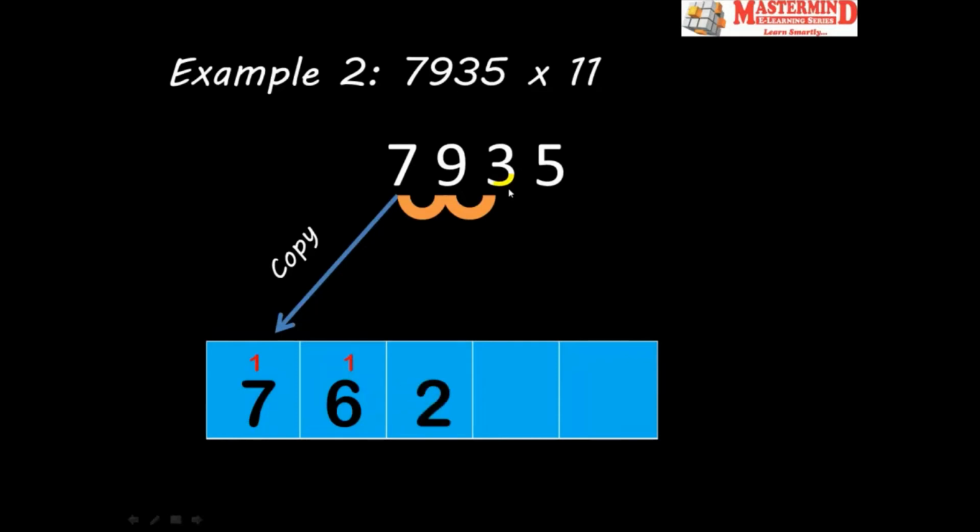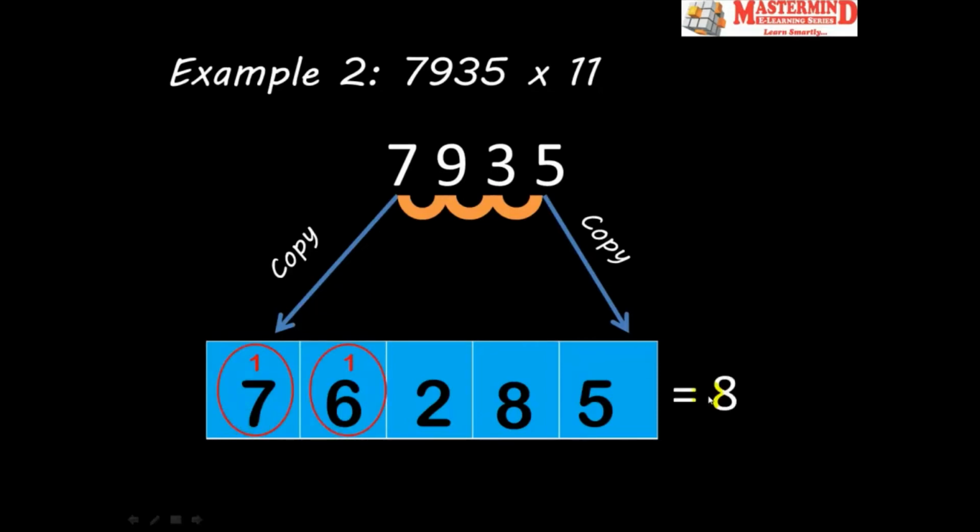Next we add 3 plus 5, which is 8, and then copy down 5. Now we'll add these carries. So 7 plus 1 is 8 and 6 plus 1 is 7. Now combine these answers and our answer is 87,285. So in this way you can multiply any 4-digit number with 11.